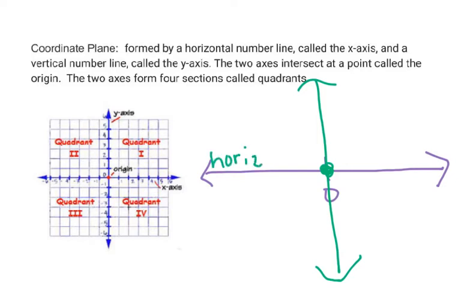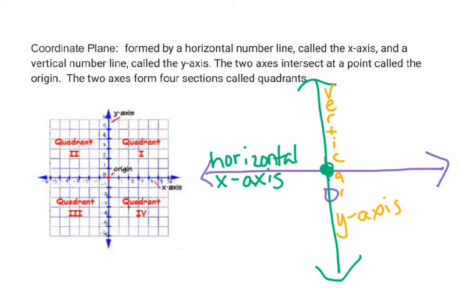It is going along the same way as the horizon. He gave this thing the name the x-axis. Then up and down through here was the vertical axis, which he named the y-axis.